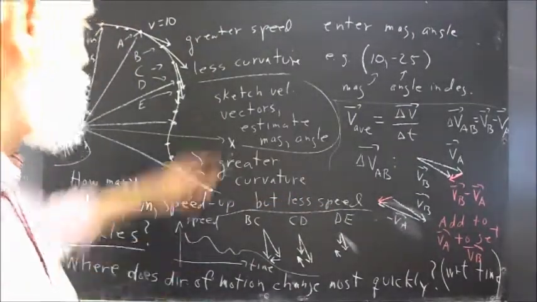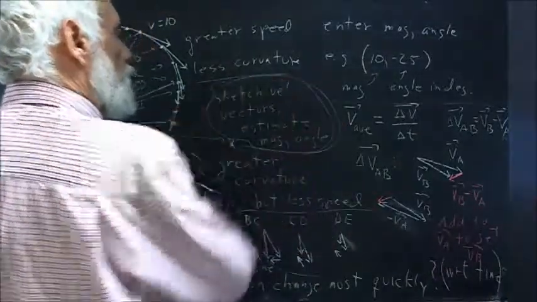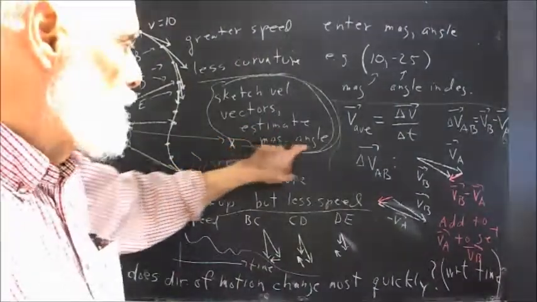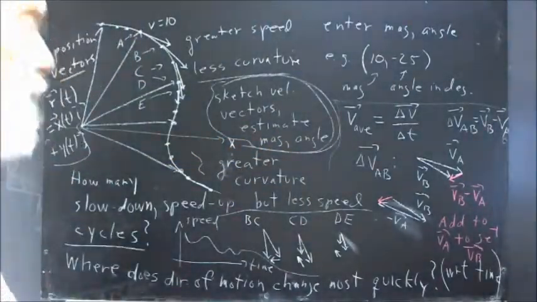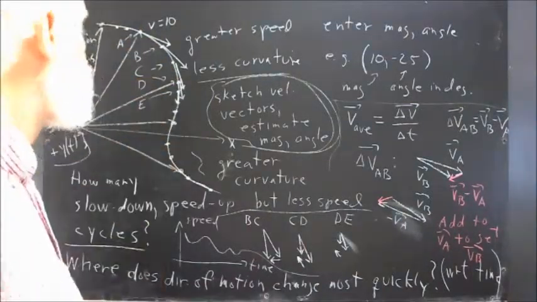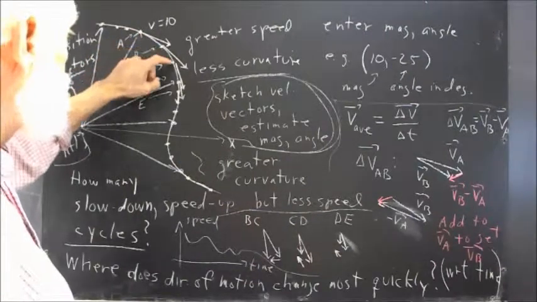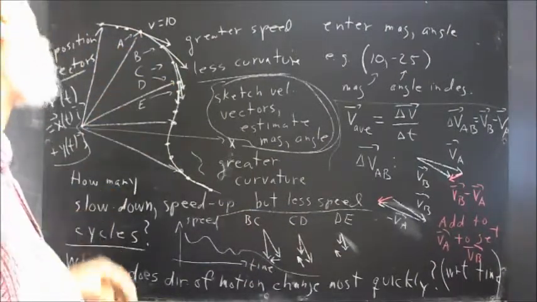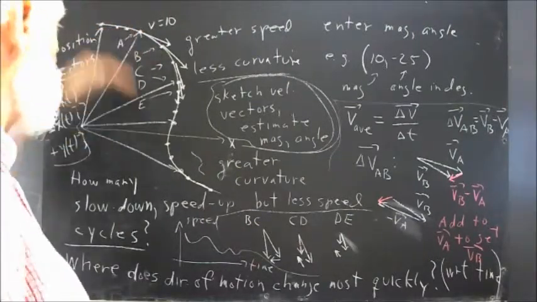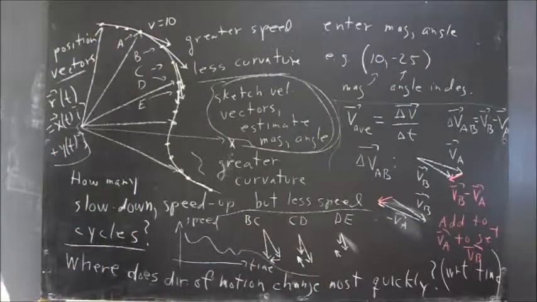Now, I then asked that the class sketch the velocity vectors and estimate the magnitude and angle at each point corresponding to the endpoint of one of these r vectors. Actually, I take that back. I said at this point, this point, this point, this point, and this point. Now, I drew the vector for this point. It's going to be tangent to the curve for all the reasons that you should understand.